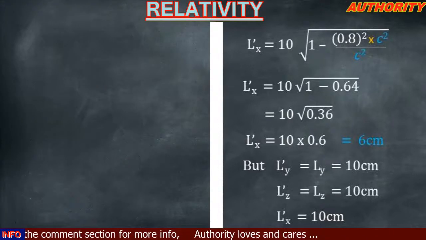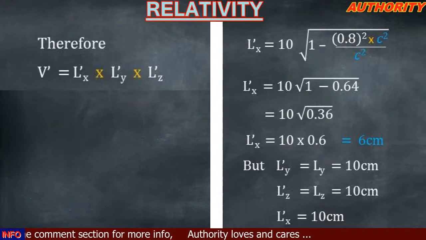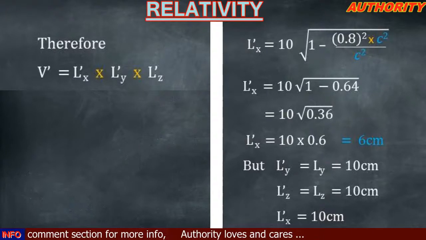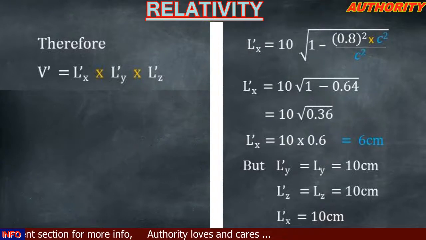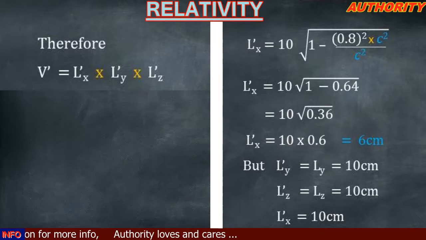So the new volume, measured by the observer in motion, we call it v prime. It's going to give us the length in x direction multiplied by the length in y direction multiplied by the length in z direction.